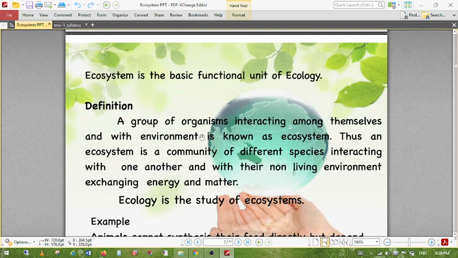Again, the consumers are classified into different categories. First is called primary consumers, or otherwise herbivores. This is important: herbivores or primary consumer. Primary consumer means who directly eats plants, that is called plant eater.